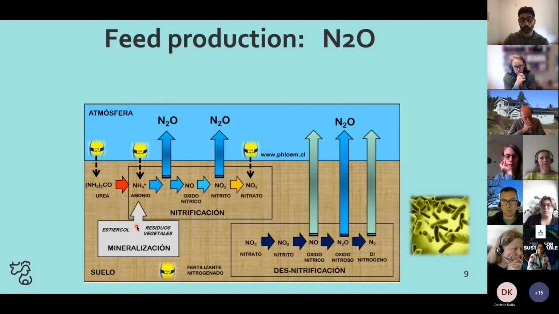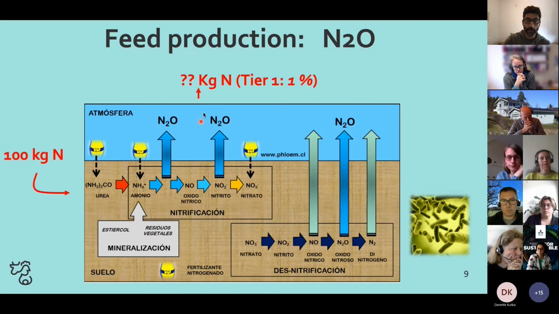Basically, what we really want to know is how much nitrogen is lost or emitted to the atmosphere as N2O per, let's say, 100 kilograms of nitrogen input as fertilizer or as manure. In principle, the IPCC by default Tier 1 guidelines used 1% as the default value.